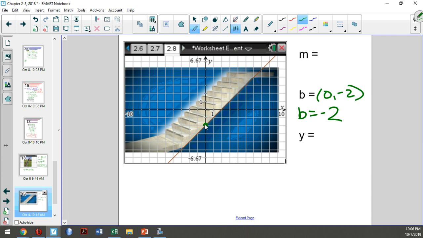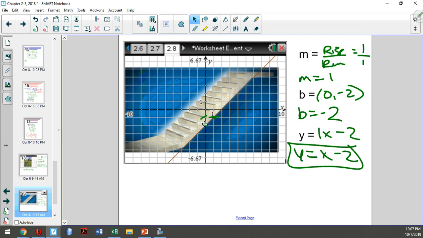So I need to find another point on that. Well, it's directly diagonal from it, so I went up 1 unit. And then I'm going to the right 1 unit to give me, what's 1 divided by 1? So what is my equation? Y equals 1x minus 2, which is the same thing as x minus 2. Do we understand that, yes or no?